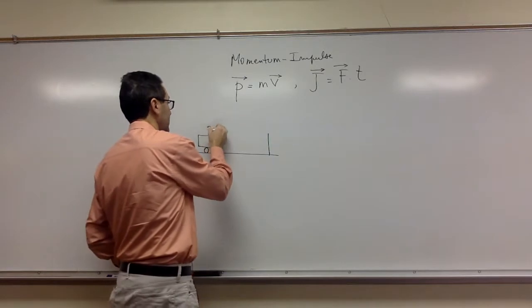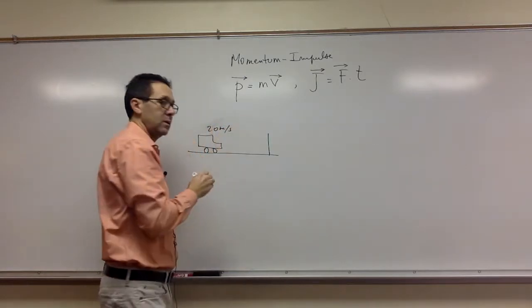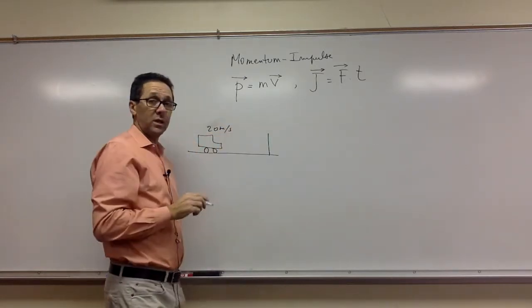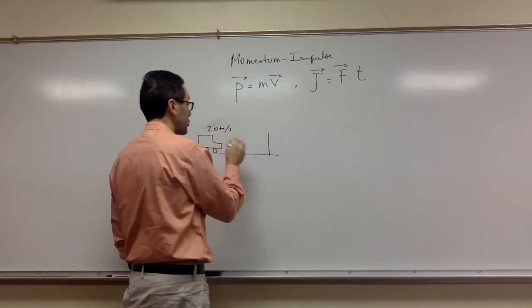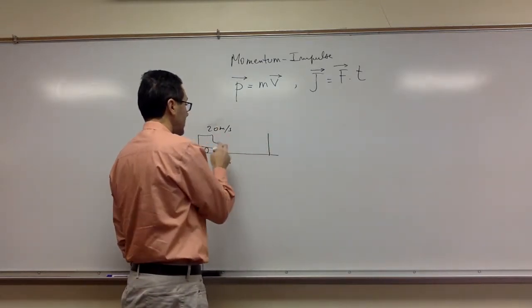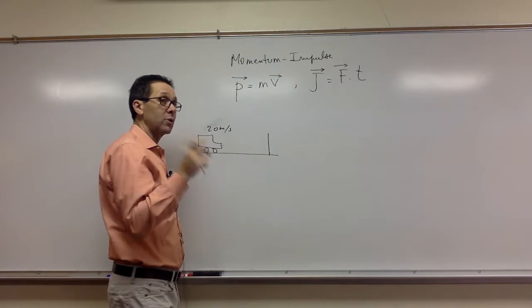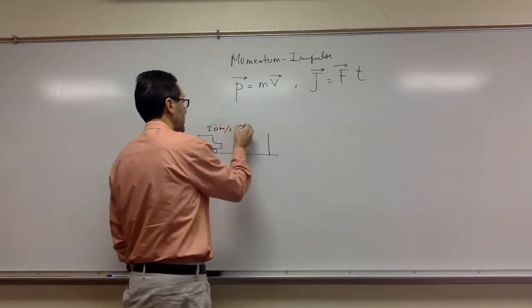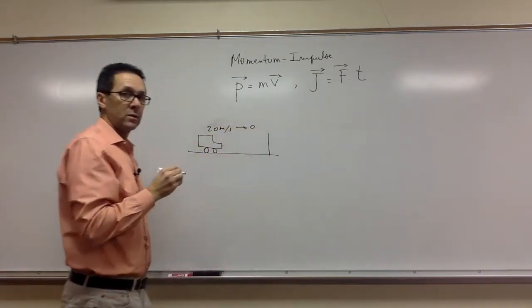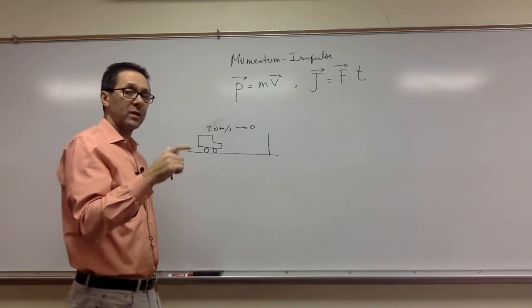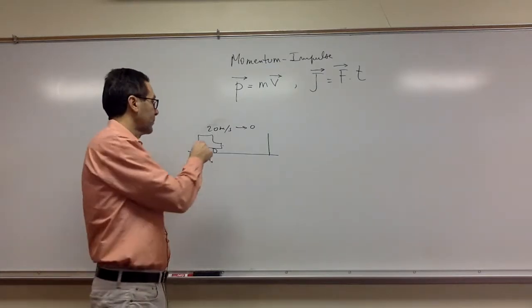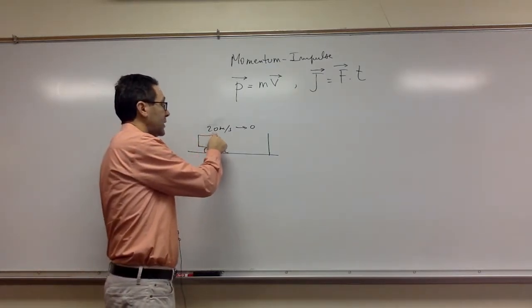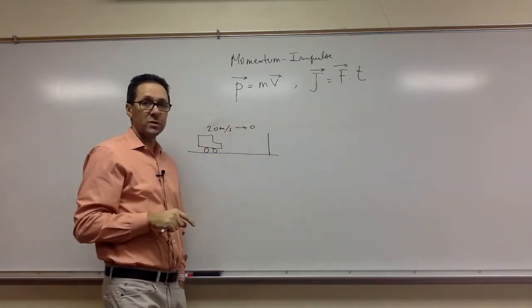So this car can be going at 20 meters per second, and it's going to come to a stop when it hits that wall. They want to make sure that it takes the longest possible time to go from 20 to 0, because if you extend the time, you lower the force.